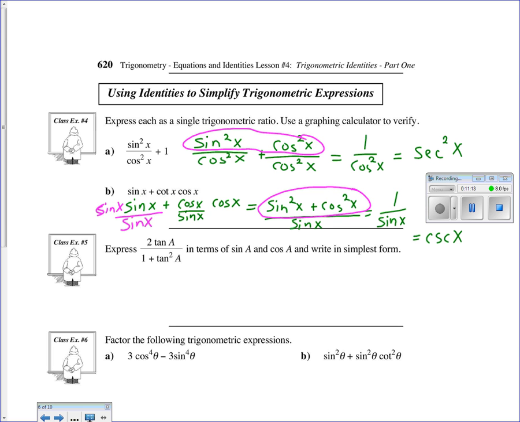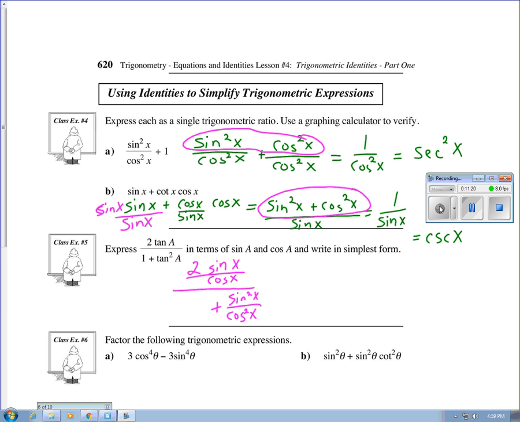The next example suggests something similar, in terms of sine and cosine, and then get it to simplest form. So I'm starting my work. I replace the tan x on the top, or tan a, sorry, with sine x over cosine x. Sorry about the variable switch there. And then I've got a tan squared a, or x. So I've written that as sine squared x over cosine squared x. Now what should I make the 1? Should I make the 1 sine over sine or cos over cos?